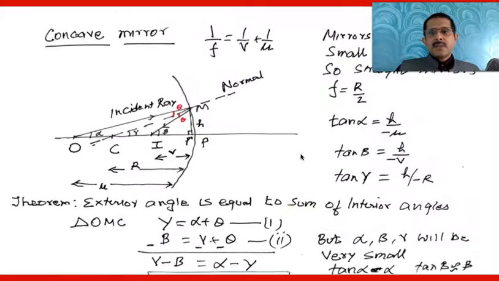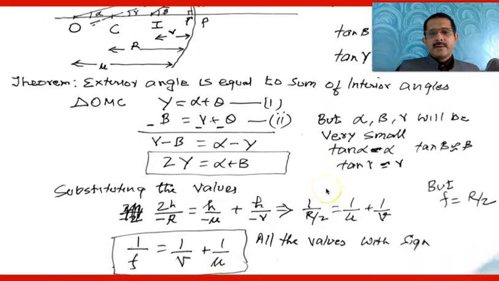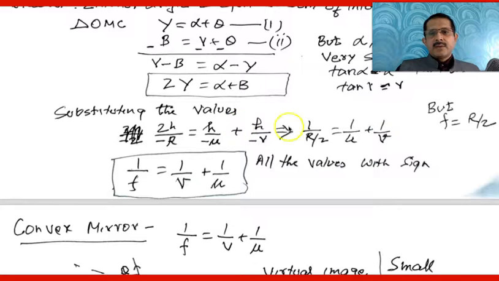If I substitute these values, I will get this equation. Finally, in this I can cancel h and I can cancel minus, so I will get this equation finally, which is 1 by r by 2 is equal to 1 by u plus 1 by v. But we know focal distance f is equal to r by 2. If I substitute it here, I will get this equation, and that's what we were looking for.